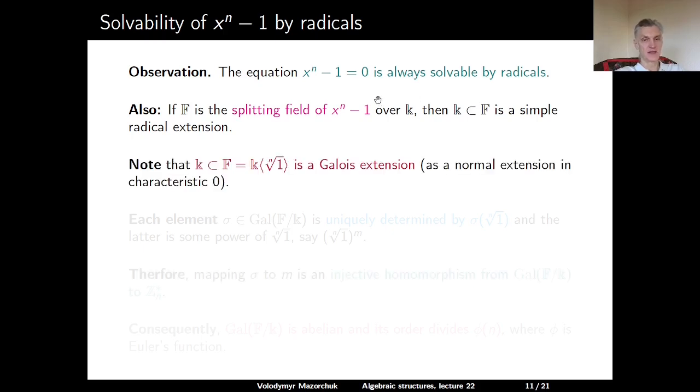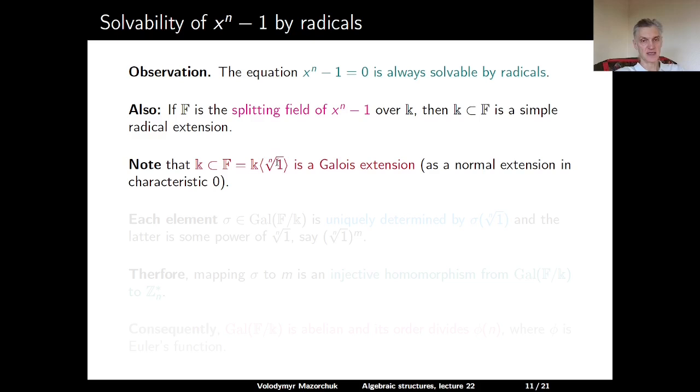Indeed, it is obtained by adjoining to the original field some primitive nth root of unity, and then of course the nth power of this primitive nth root of unity is an element of k, because it's 1. So this is always a simple radical extension.